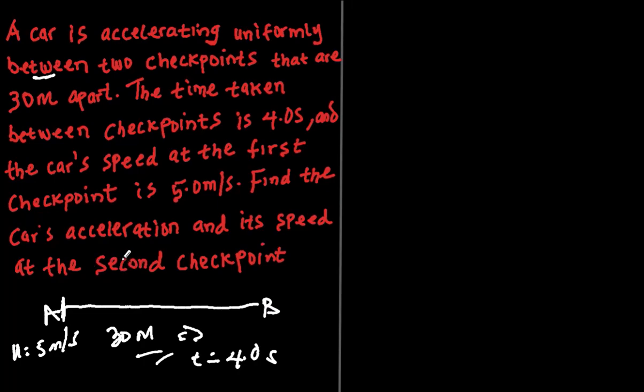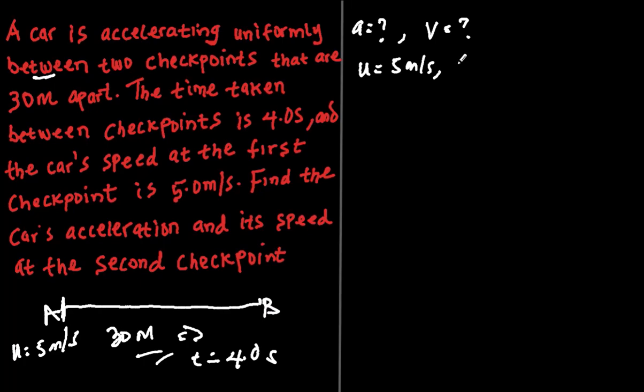Find the uniform acceleration and the speed. That means we are looking for the acceleration and then the final velocity at checkpoint B. So how do we do this? Let's take out our parameters. Our u is 5 meters per second.